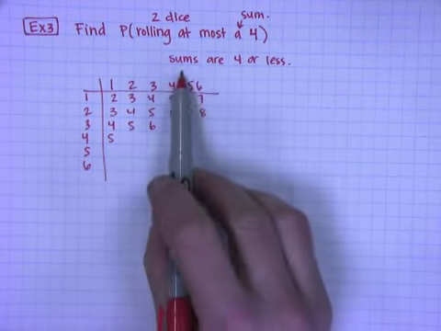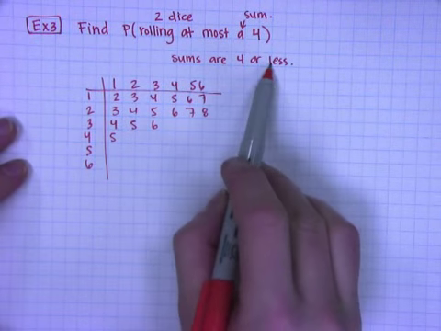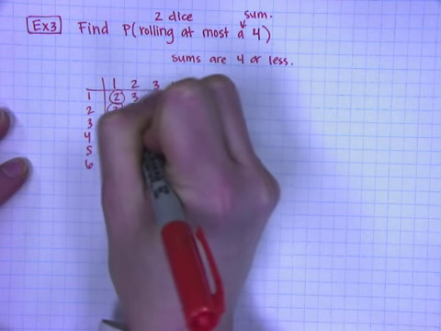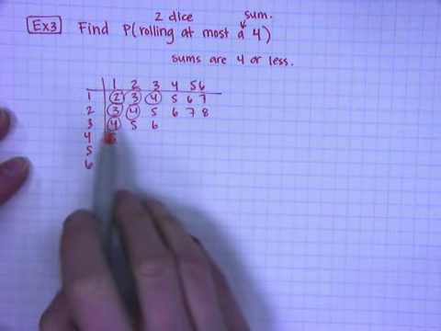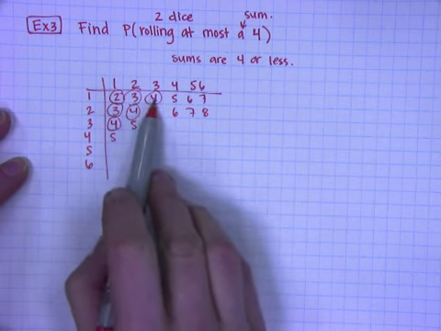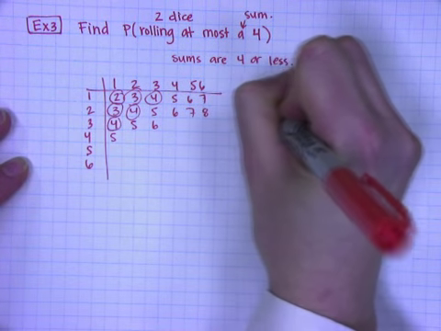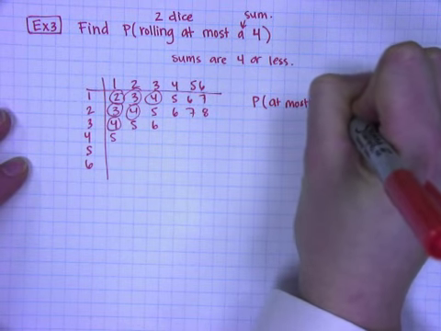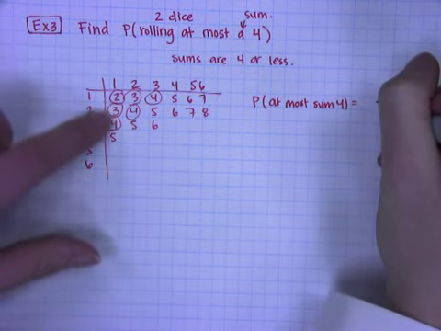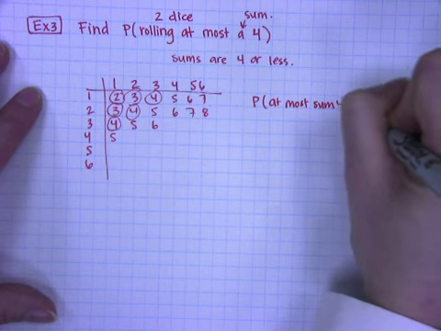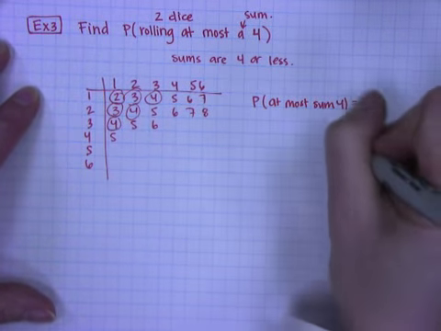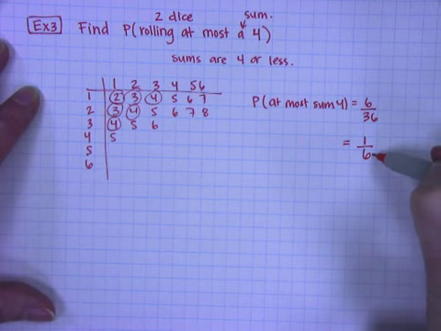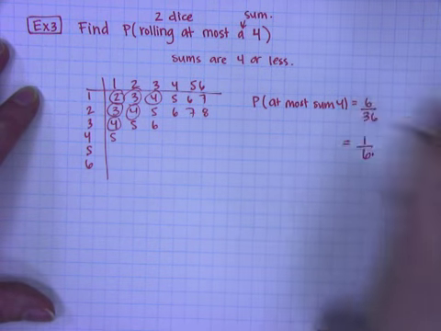And since I want to know which sums are at most 4 or 4 or less, I'm looking for these guys right here that are 4 or less than 4. And so since I have 1, 2, 3, 4, 5, 6, I know that the probability of getting at most a sum of 4 is 6 out of 36, which on Khan Academy they're going to want you to reduce to 1 over 6 because 6 goes into 36 6 times.